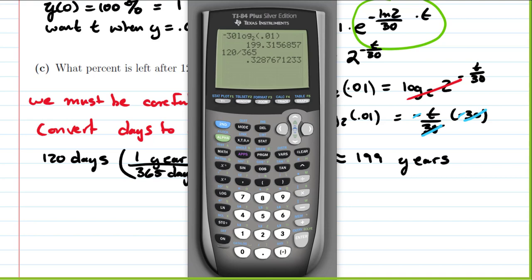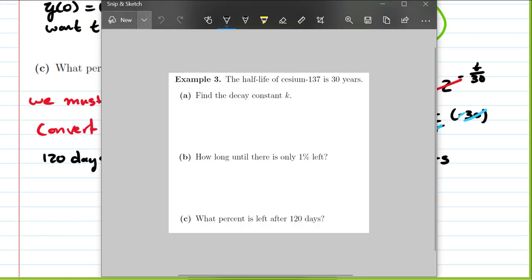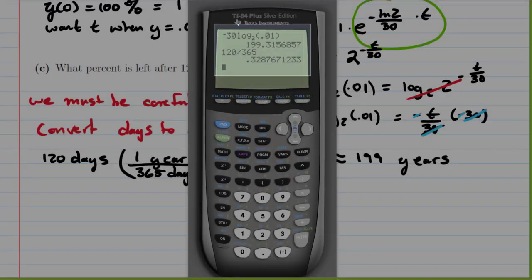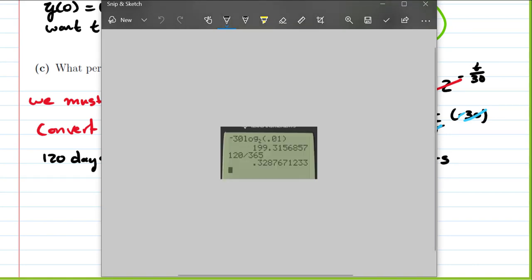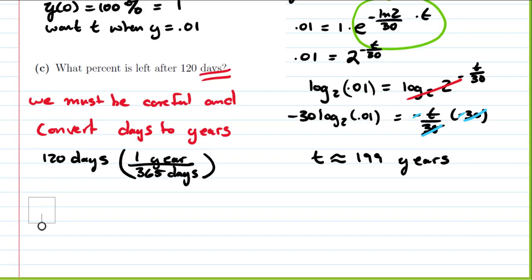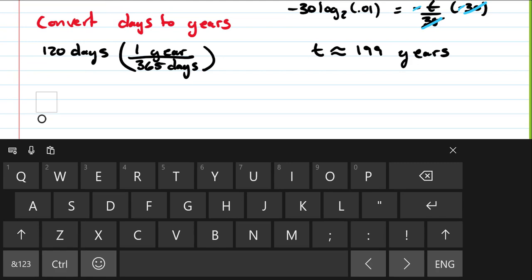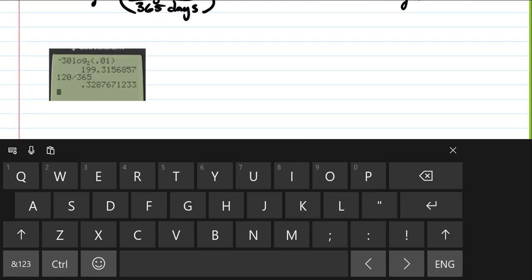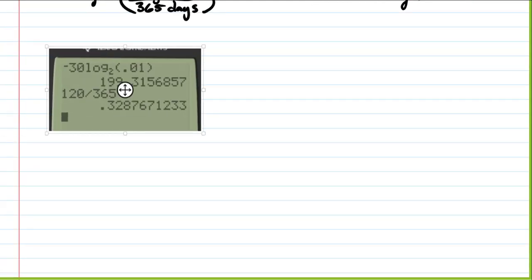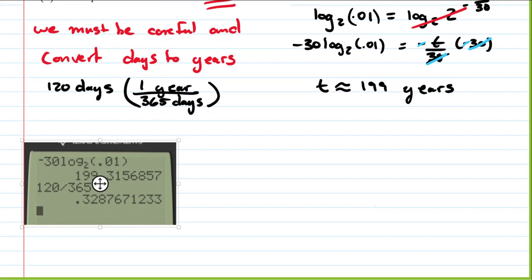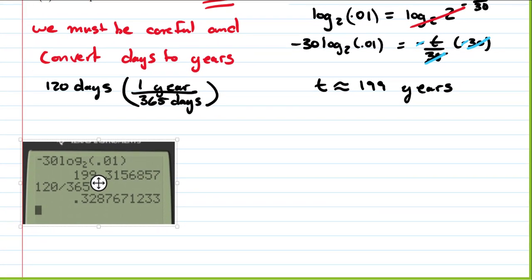That gives us that 120 days is 0.32876 blah, blah, blah years, which seems reasonable. 120 days is about a third of a year, right? So then we need to put that in to our equation.